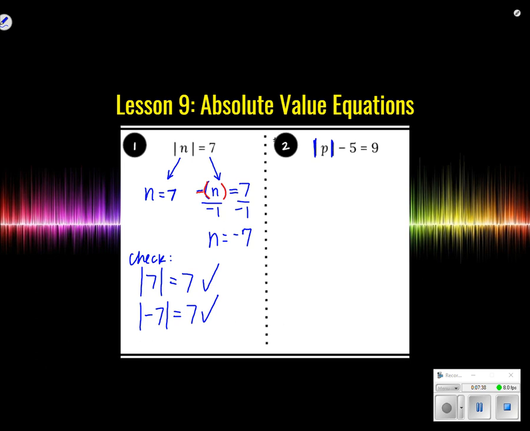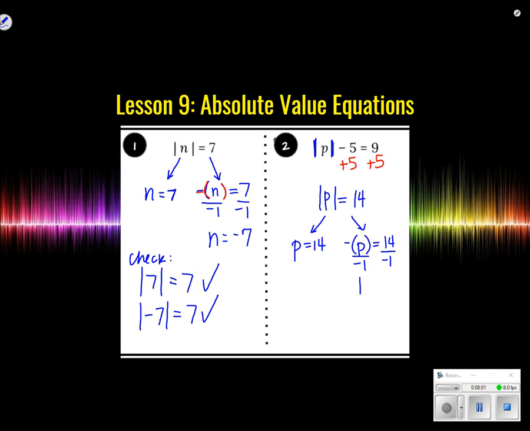So you have to isolate by adding 5 to both sides. That means the absolute value of P is 14. And then I can split it up and have P equals 14, and then the negative parentheses P equals 14, and then solve for P.